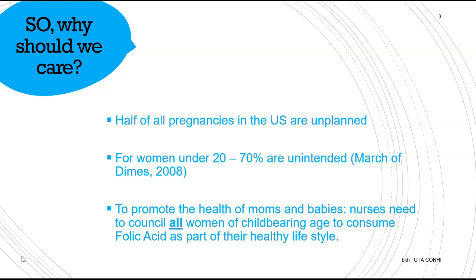If 50% or higher of our women are not considering trying to get pregnant and they become pregnant, the goal is that they're already on folic acid prior to that pregnancy. That's the whole goal behind all the fortified cereals and breads and things that we talked about last week.